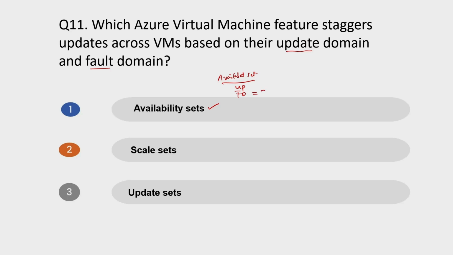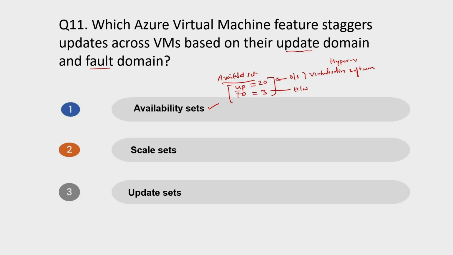Fault domain is maximum of 3 and update domain is maximum of 20 update domains. Basically, this is to tolerate the hardware failures. This is to tolerate the operating system maintenance or the virtualization software maintenance. Like basically it will be Hyper-V.